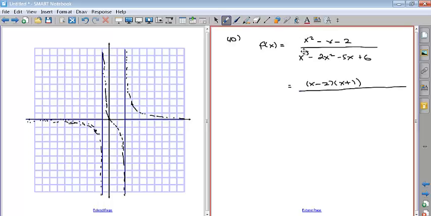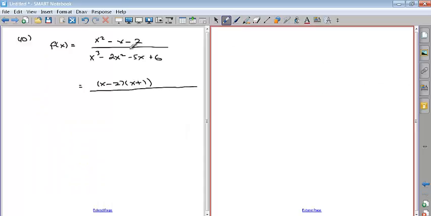Now the question is, what are the intercepts here? And my guess is that it's not going to be 2 or -1, because then they would cancel out.